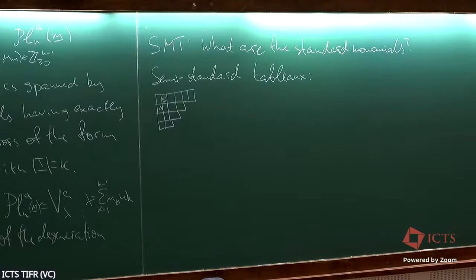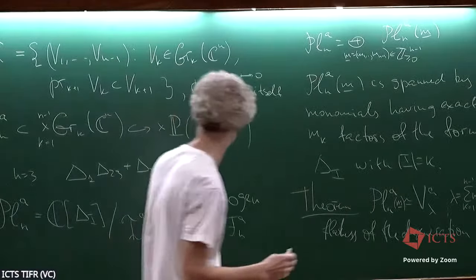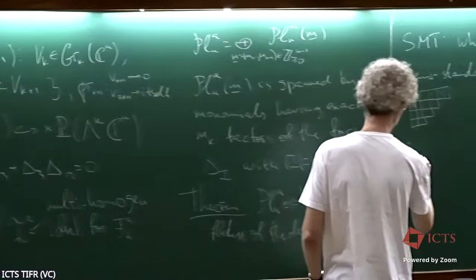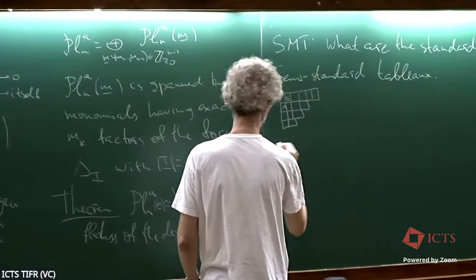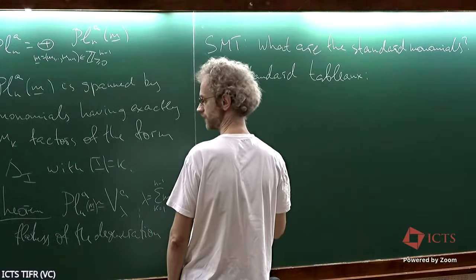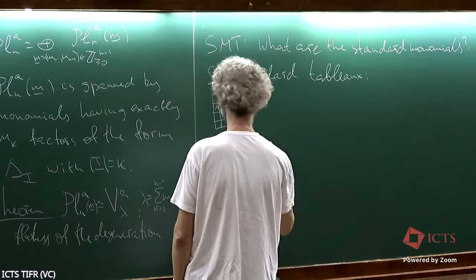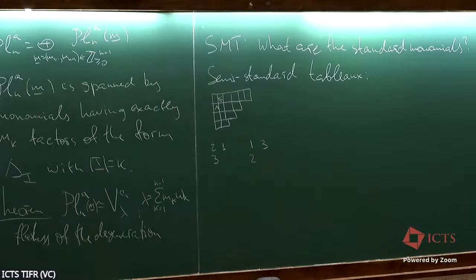already here. So let's look at this relation, and let me write the semi-standard tableau corresponding to this monomial. I write 1, 2, 3, and 1 here, and then 1, 2, and 3 here, and there is one more which is missing here, which is delta 2, delta 1, 3.